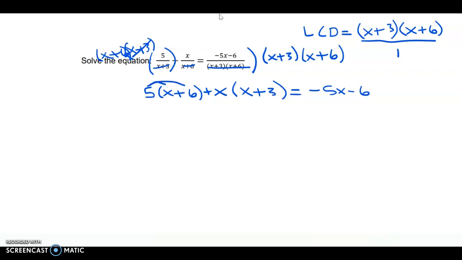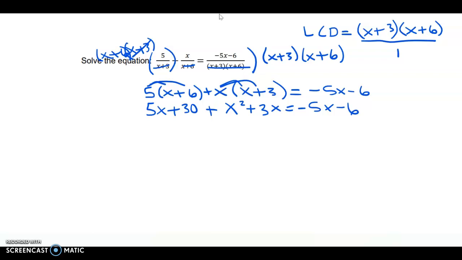Okay, at this point, let's multiply and get everything simplified out. So 5 distributed in, we'll get 5x plus 30 plus, distribute in the x, so x squared plus 3x equals negative 5x minus 6. Let's combine like terms, and I also want to write it in descending order, so my x squared term is first.